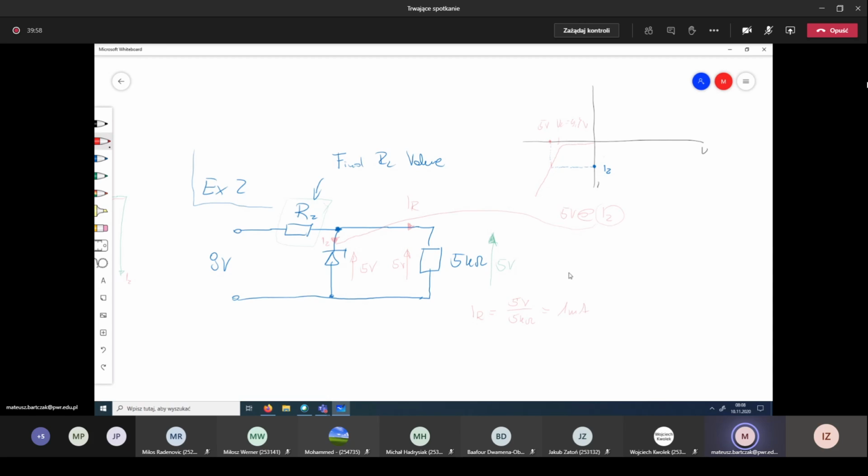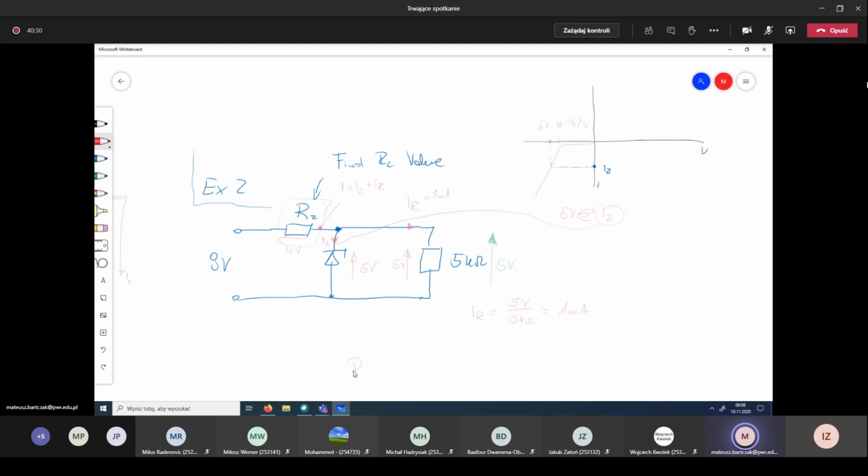Okay, so that means this resistor current is equal to 1 milliamp now, and here we have the node. According to Kirchhoff's first law, we have I, which is equal to IZ plus IR. Then when we have 5 volts on the Zener diode, the rest, the 4 volts, will be on the resistor here.